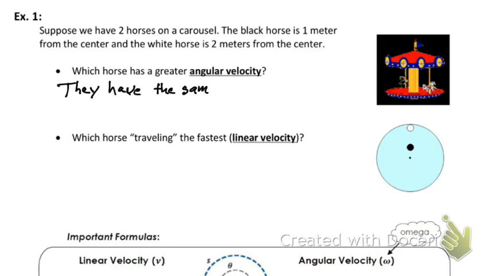They have the same angular velocity. It will take the same amount of time to make 1 revolution. Each one will take the same amount of time to make that 1 revolution.